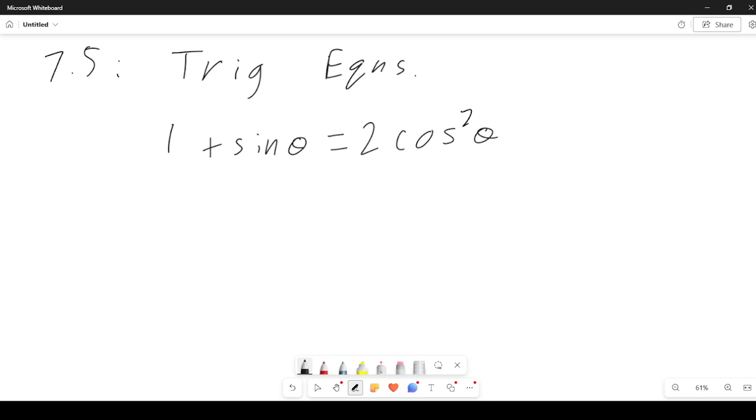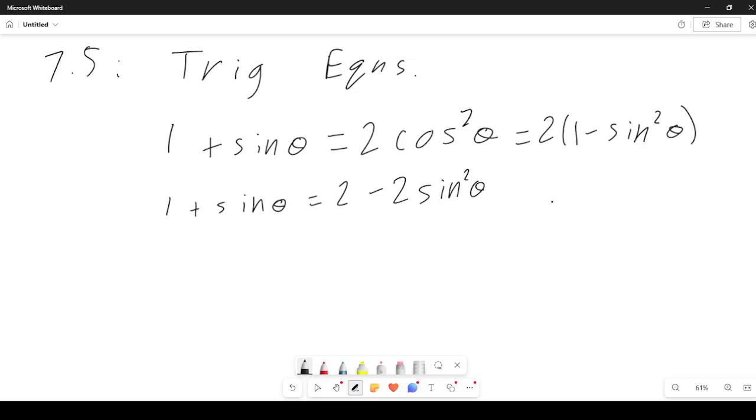Let's just change this to 2 times (1 minus sine squared theta), which is 2 minus 2 sine squared theta. Let's make the substitution u equals sine of theta. We plug that in: 1 plus u equals 2 minus 2u squared.